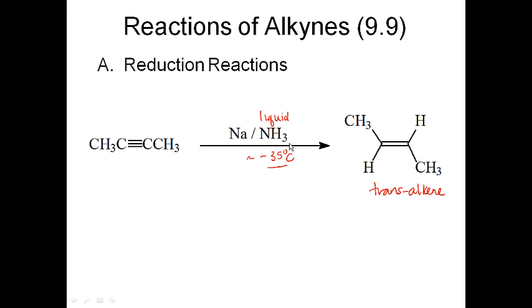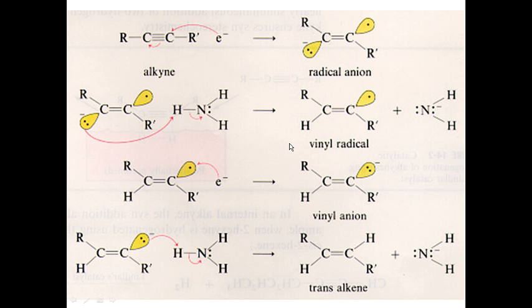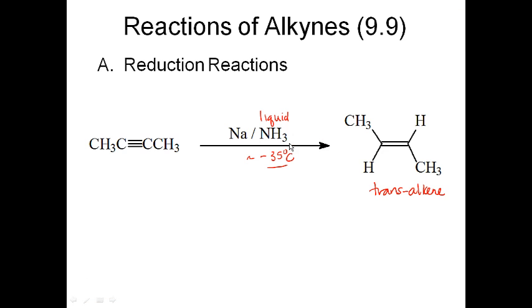And what happens is this, and you won't be responsible for this mechanism, but I'm going to show it to you as sort of a why does this reaction add the 2 hydrogens trans? Well, what starts this process is the following. When you put sodium with its 1 valence electron into liquid ammonia, the unpaired electron actually leaves the sodium metal and just becomes like a naked electron that runs around the solution.